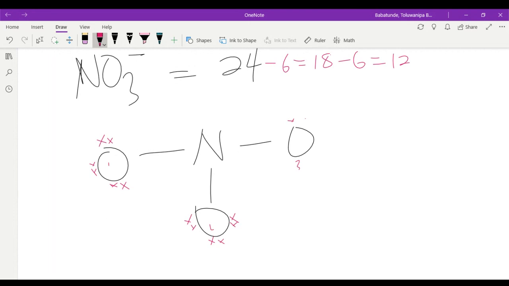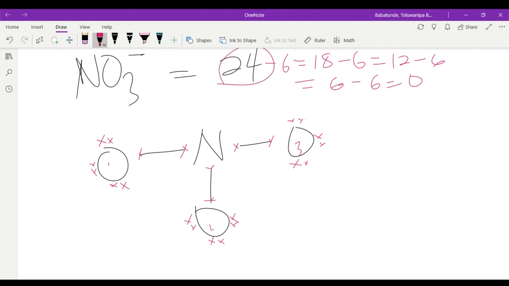This one also needs 6 more to be happy. So minus 6, we have 6. We now go to the central atom. The central atom already has 1, 2, 3, 4, 5, and 6. So we subtract that, so 0. So we have spent all the 24 valence electrons that we have.